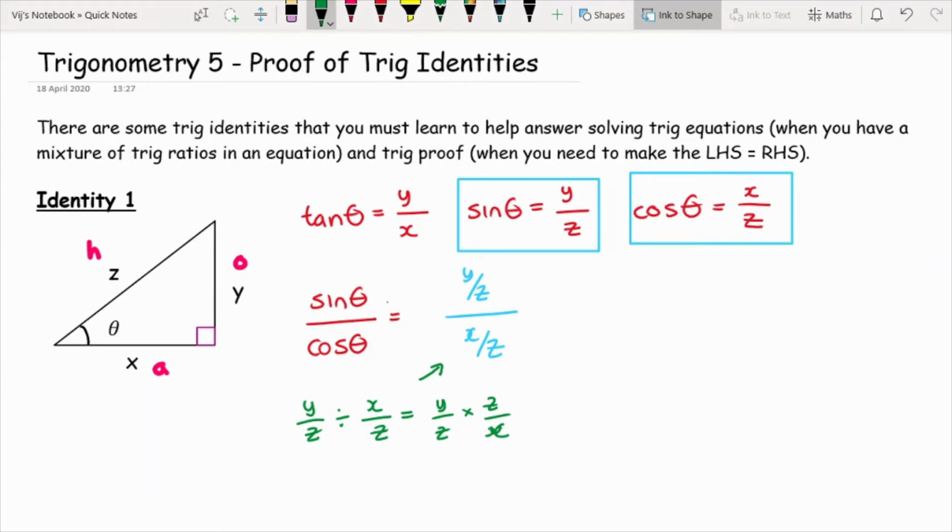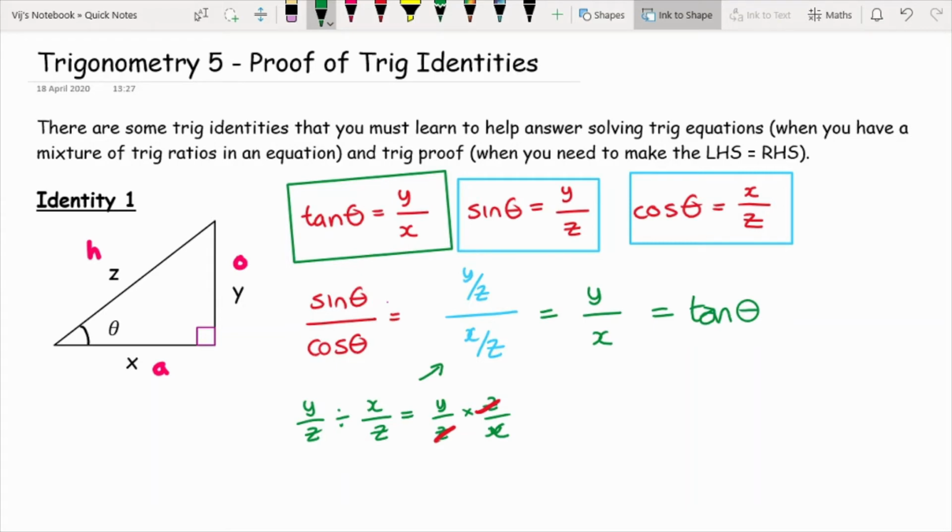As you can see, my z's will cancel, and lo and behold, what this turns into is y over x. And from this proof, y over x is tan theta.